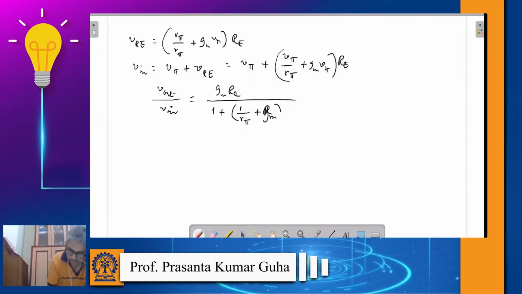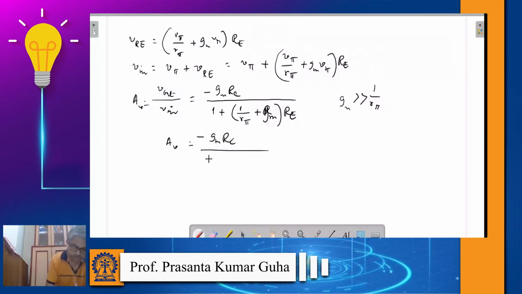So this is the ultimate equation, and of course you can write gm much greater than 1 by R pi. If you consider that, you will ultimately get the gain AV equal to gm RC over, of course with a negative sign, 1 plus gm RE.